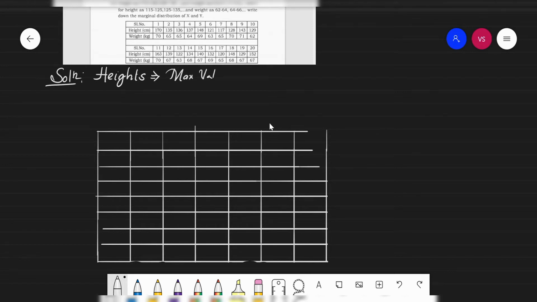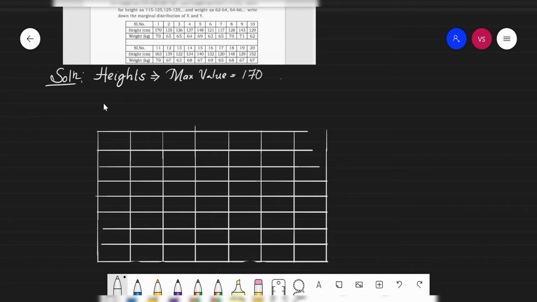Let's identify that. Then it will be easy for you to understand. Let's check it out here. In the first row it is 170, and in the second row it is not crossing 170, so 170 is the maximum value of heights, 170.